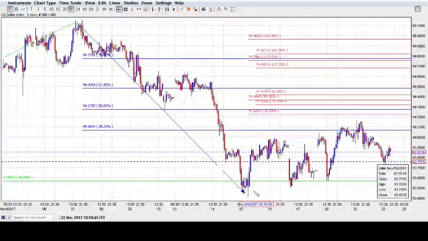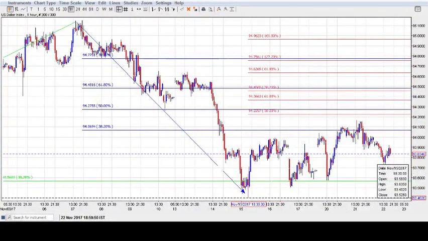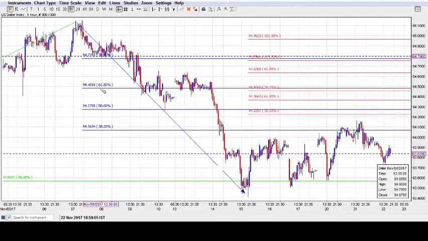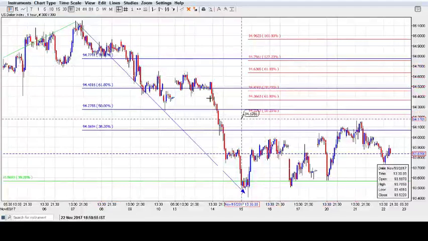If I do take an extension of the entire move, it brings a convergence around 94.45, which is very close to 94.48, the 61.8%.